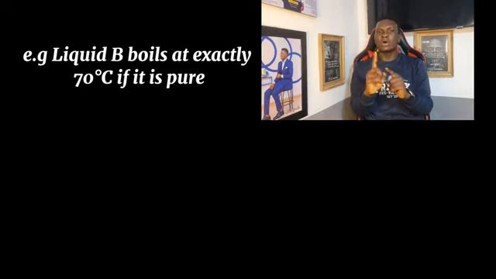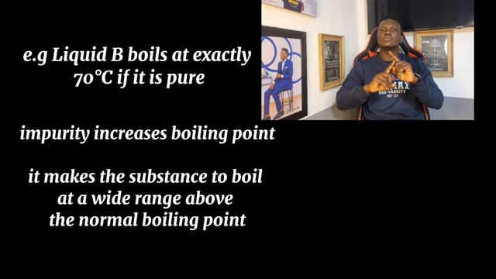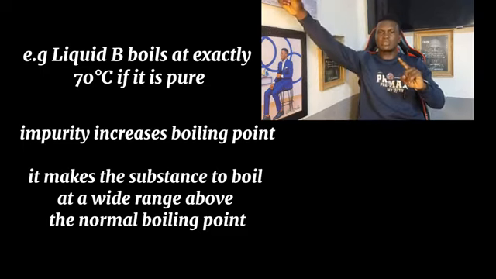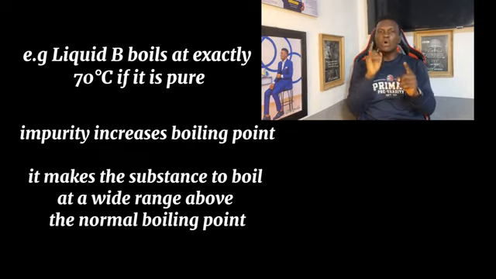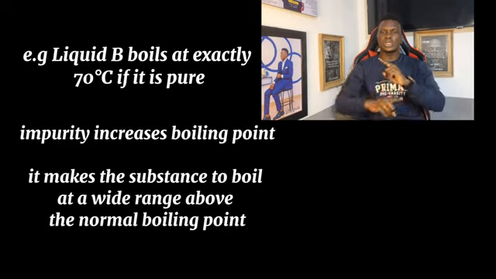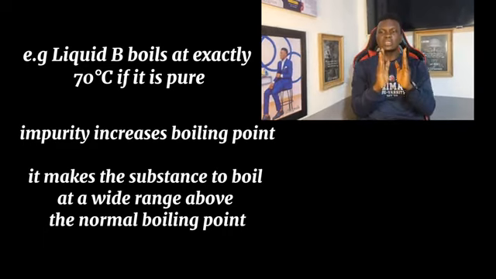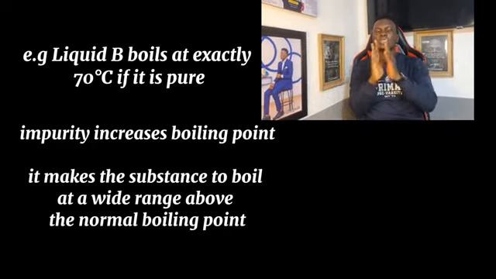But if it is impure, it will boil between 71 to probably 80 something. Then that shows that it is impure. So impurity will make the boiling point of a liquid increase. So impurity increases the boiling point of a liquid and decreases the melting point of a solid.